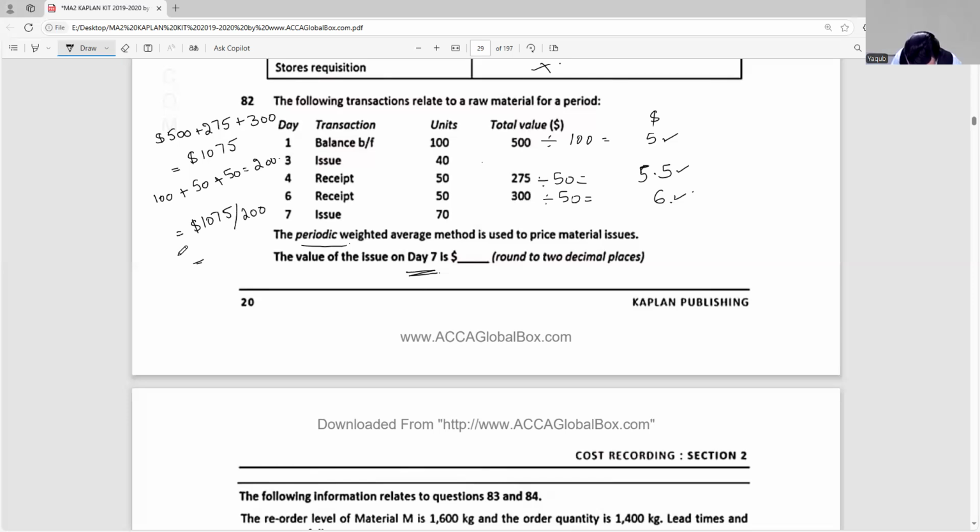So 1075 divided by 200, we have 5.375. So 5.375 is the value of each unit.